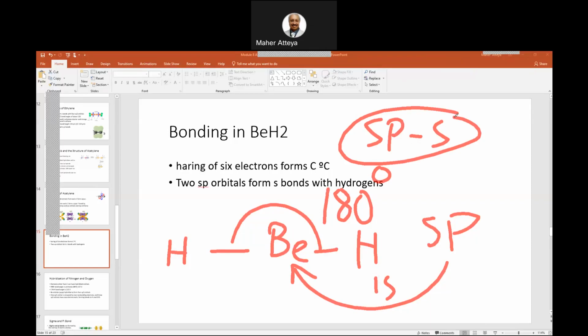Correct, because that will dictate the structure. So the shape will dictate the bonding, because sp is dictated to be linear. sp3 will be tetrahedral, and sp2 will be trigonal planar.